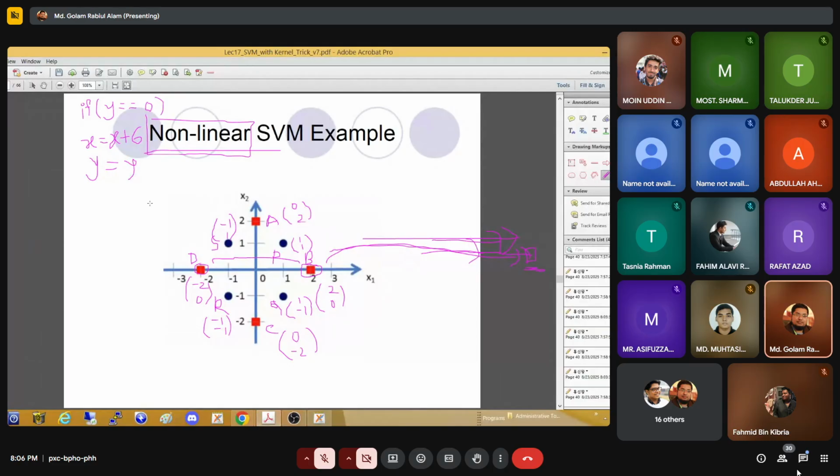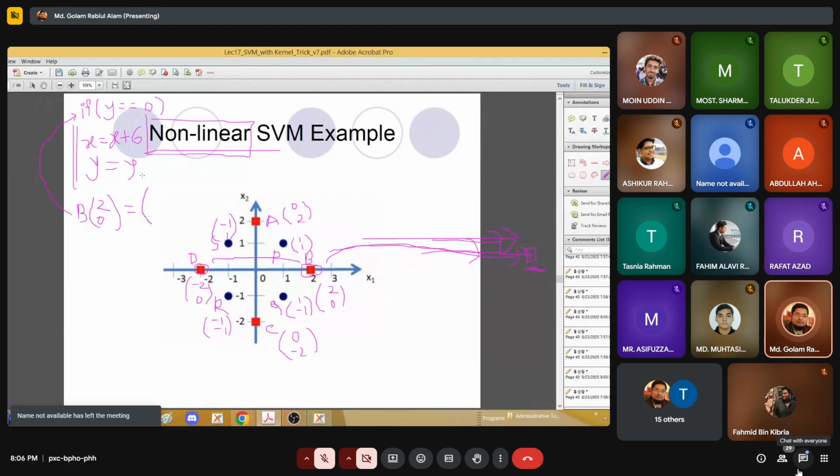Now, according to this equation, if we want to consider B, B is (2, 0). If we check the condition first, y equals 0, yes, so x equals x plus 6.